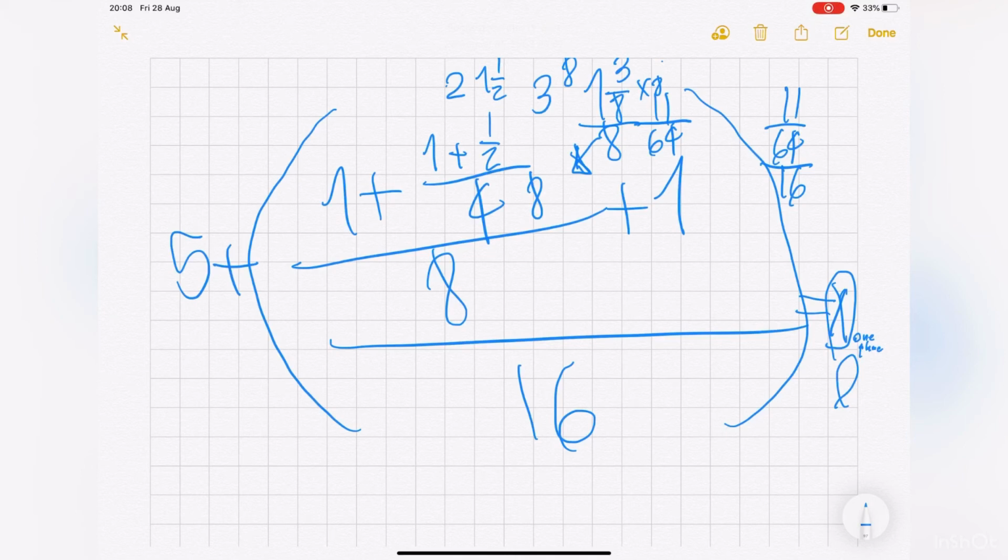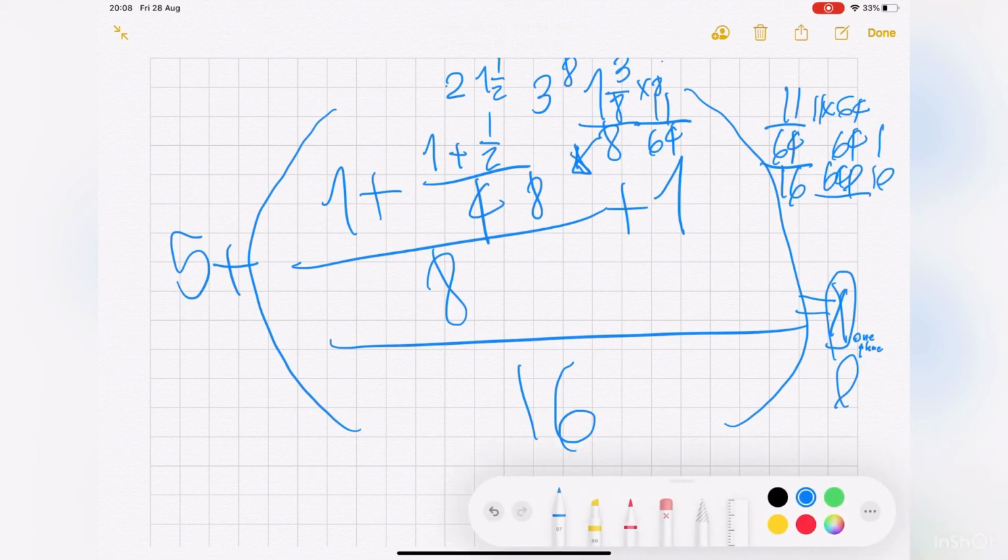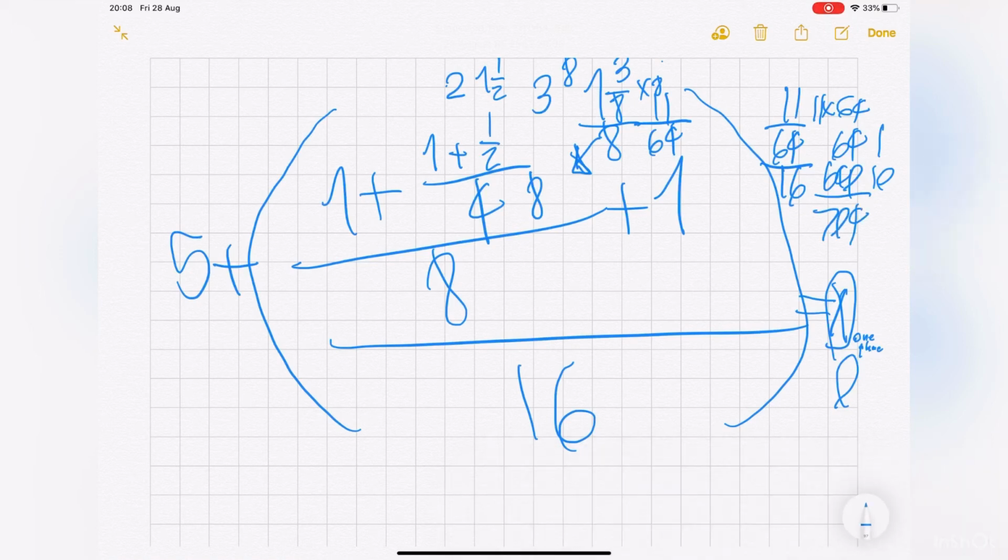Now this is really hard because you need to do 64 times 11, which is 64 and 640 because of this one and this 10. You should check out my video on how to multiply 6 to 12 in the description below. Now next would be equal to 7, 0, and 4, which is 704.